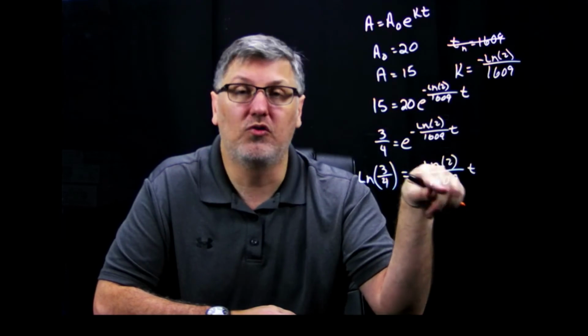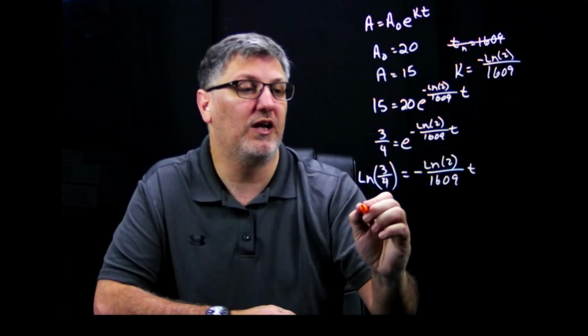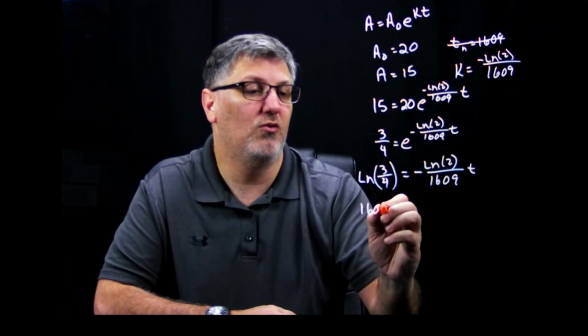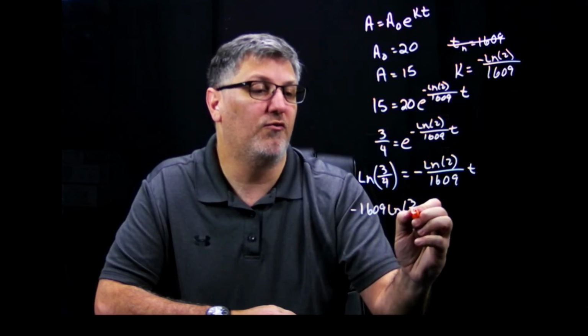I get ln of 3/4 equals negative ln of 2 over 1,609 t. Whenever I have a fraction, I multiply both sides by the reciprocal, and I want to put the negative right there. So 1,609 times ln of 3/4 divided by negative ln of 2 equals t.